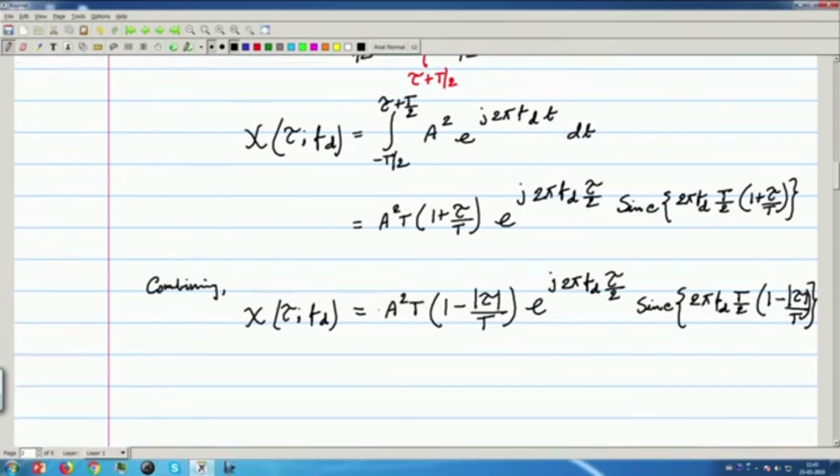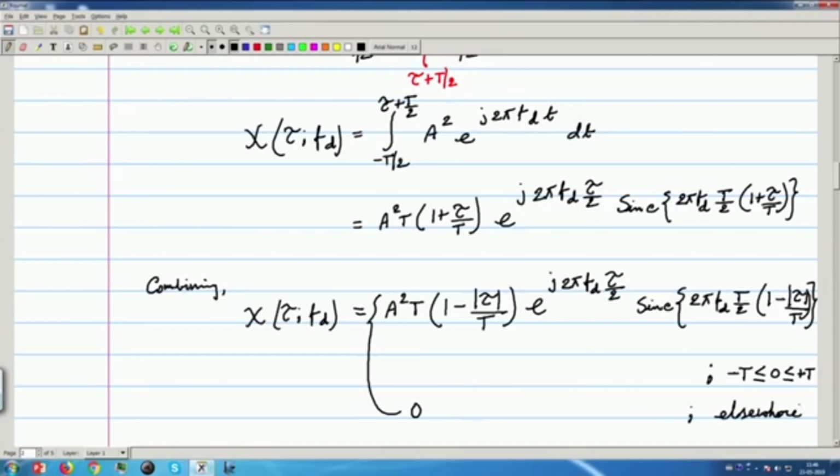So, this thing I can also write for what is the range of tau for which this is true: for minus t less than or equal to tau less than or equal to plus t, and 0 elsewhere.